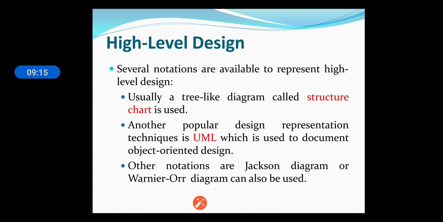Another popular design representation technique is UML. UML stands for Unified Modeling Language, where we represent the relationships among the various functions in the form of diagrams, and these diagrams are generally classified into 9 different types, like use case diagrams, class diagrams, sequence diagrams, collaboration diagrams, object diagrams, state chart diagrams, and so on.